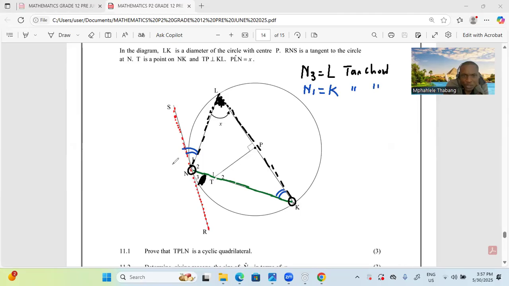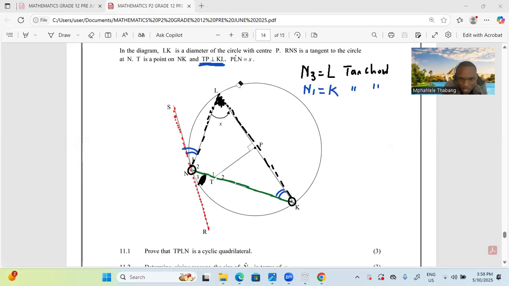Another thing we are told is that TP is perpendicular to KL. When two lines are perpendicular, at the point of contact they form 90 degrees.